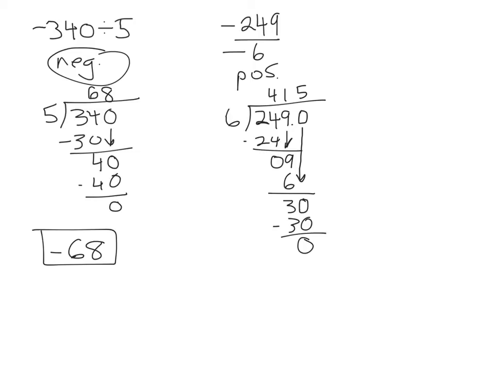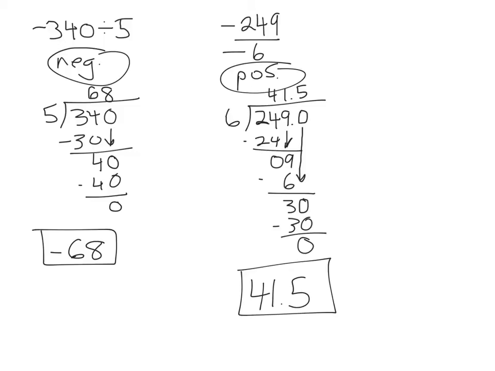So now, since I added a decimal in here to the problem, I have to put my decimal up here, right above where it is in the division problem. 41.5, and I said it was going to be positive, so that's my answer.